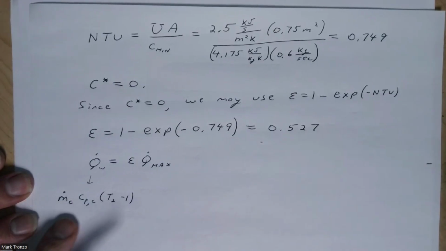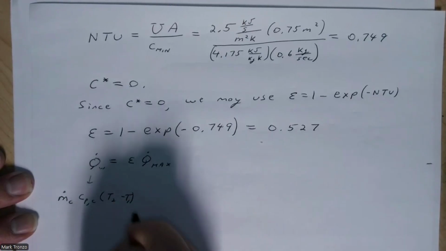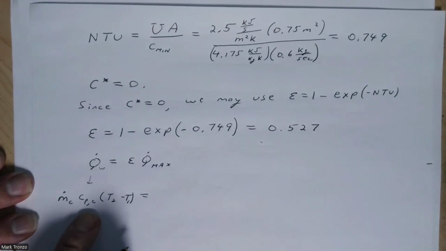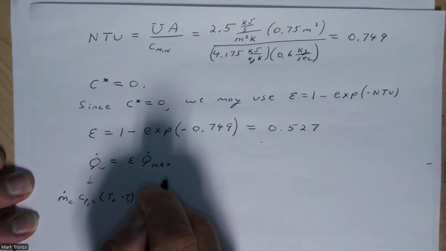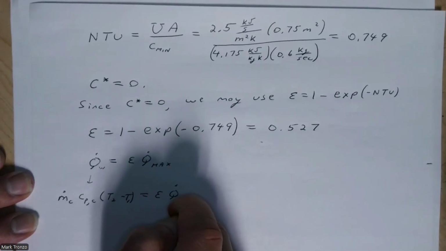So that's calculating the heat transfer rate of the water with m dot Cp delta T. Then over here we had this.